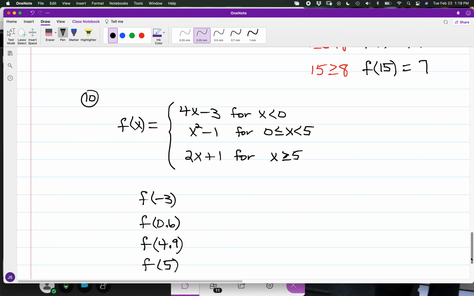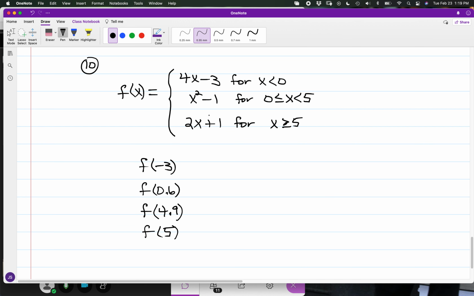And in identifying which part of the function we're going to use for the respective inputs, for -3, -3 belongs to the first inequality, so we have -3 is less than 0, so this will belong to the x is less than 0 category, and the corresponding functional part is 4x minus 3. So we have 4 times -3 minus 3. 4 times -3 is -12, and -12 minus 3 comes out to -15.